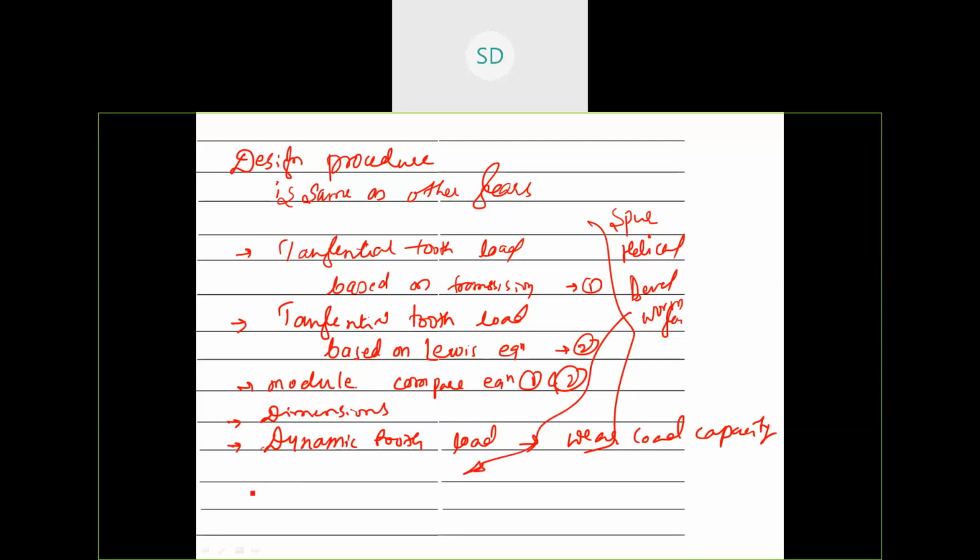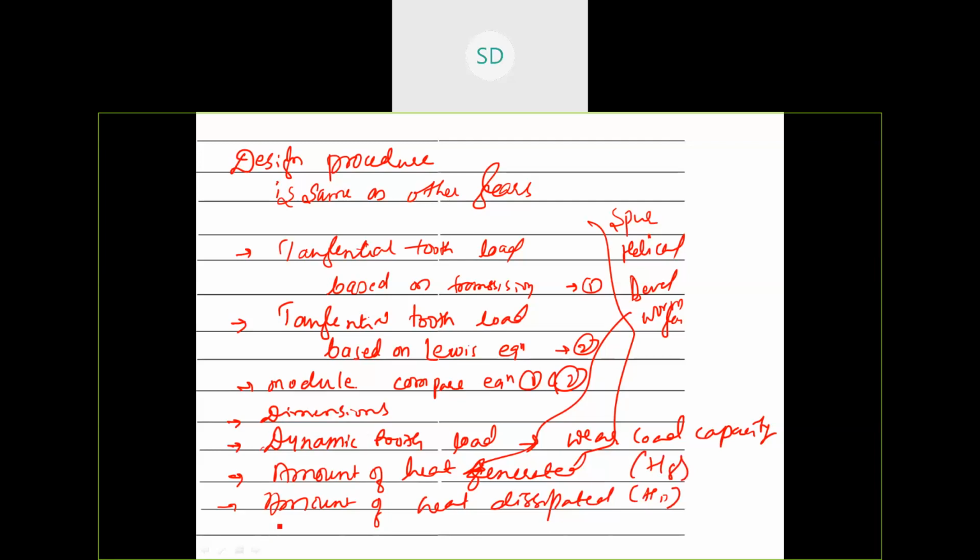You need to find out the amount of heat generated and the amount of heat dissipated. That is what Hg and Hd.